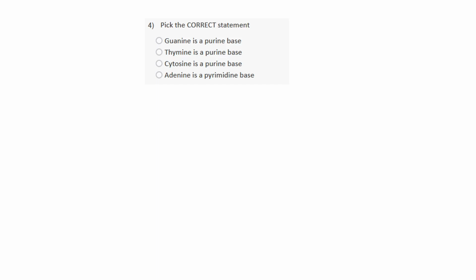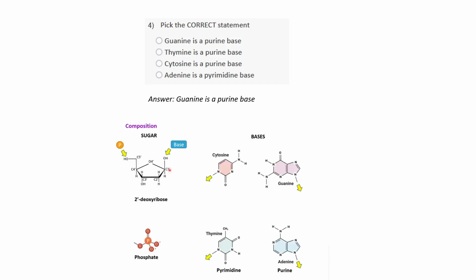Yes, sir, option A. So option A is correct. We talked about this. Pyrimidines are cytosine and thymine. Purines are guanine and adenine. So what it says, guanine is a purine base. Yes, guanine is a purine base.